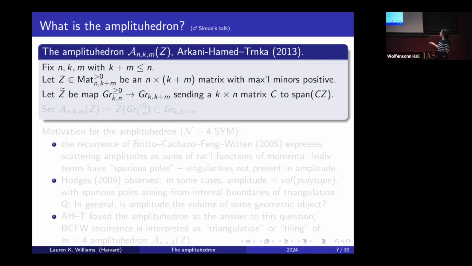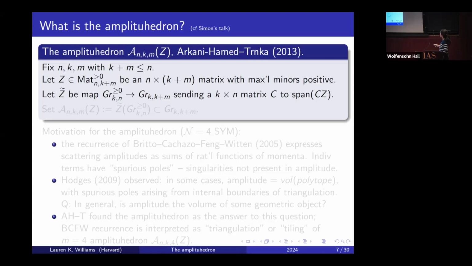And we let Z tilde be the map from the positive Grassmannian of k-planes in n-space to the Grassmannian of k-planes in k plus m space, which is simply induced by matrix multiplication. So we start with our matrix C representing a point in this positive Grassmannian, and we look at C times Z, that's a k by k plus m matrix.